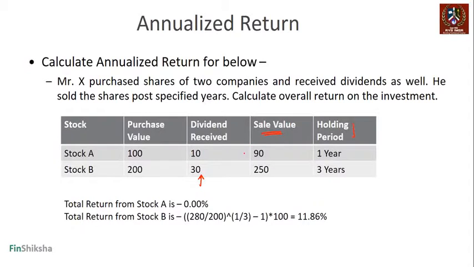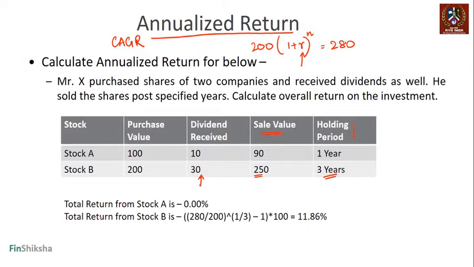If you note, this is very similar to the concept of CAGR we have discussed elsewhere, the compound annual growth rate. You start with the initial value, which is 200, and 200 should have grown at a certain rate for n years, and that should have given you 30 plus 250, which is 280. If you solve for the rate of return R, that's your annualized return.